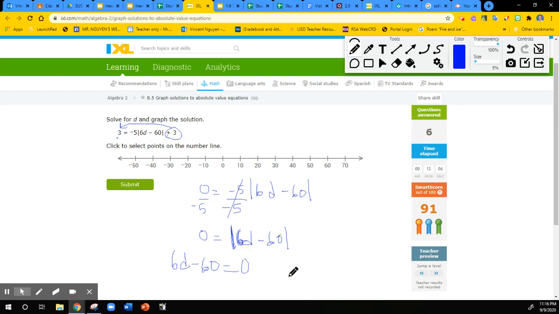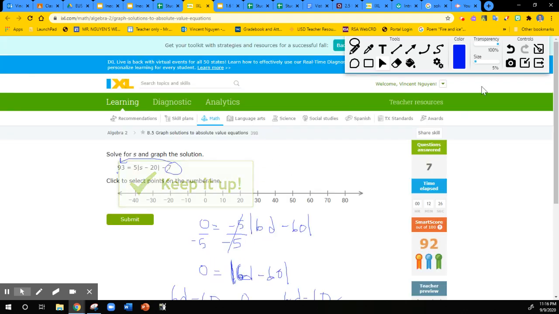Okay, so you're going to add 60 to both sides. You're going to get 6d equals positive 60. And then you're going to divide by 6 on both sides. So d would equal 60 divided by 6, which gives you 10. So our solution here is 10. So I'm going to go over here and click on one solution. It's 10. Submit. Perfect.